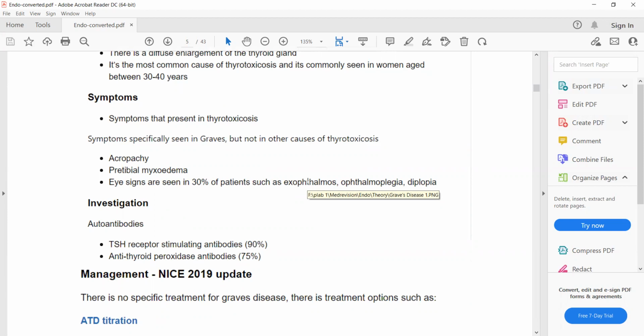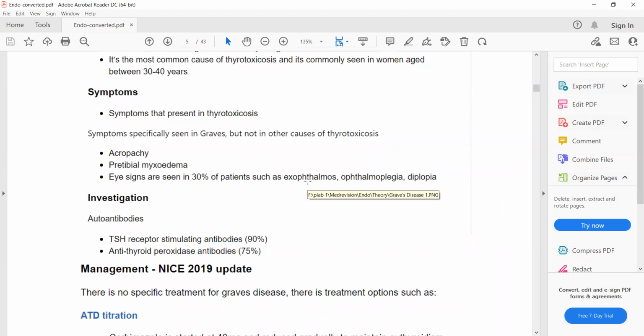What are the symptoms that are present in thyrotoxicosis? Some symptoms are specifically present in Graves' disease and not other causes of thyrotoxicosis, such as toxic multinodular goiter. Those symptoms that are only present in Graves' disease are acropathy, pretibial myxedema, and eye signs such as exophthalmos, ophthalmoplegia, diplopia, lid lag and lid retraction.